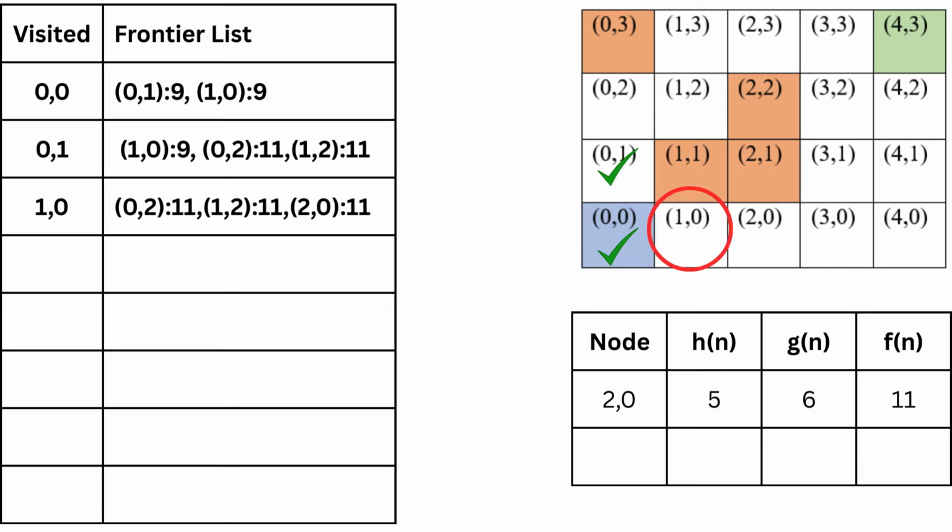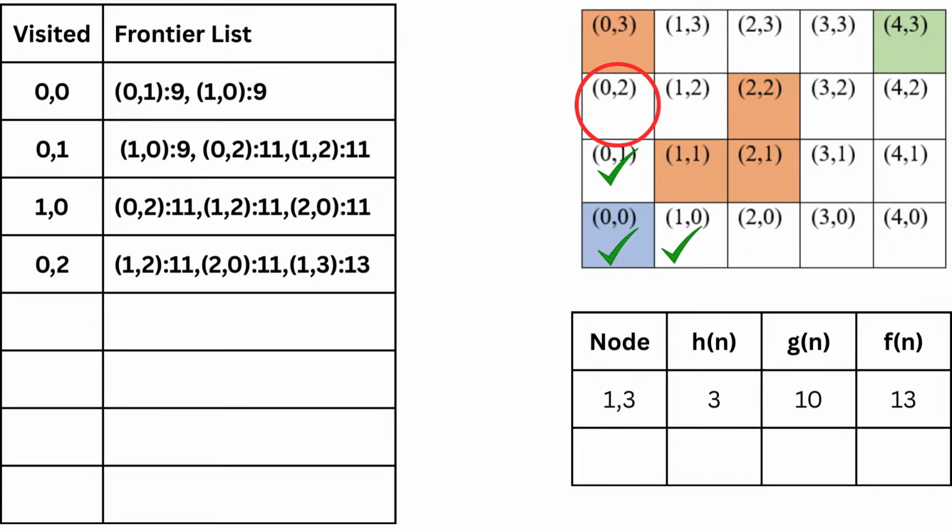The next node in the queue is 1,0. From 1,0, it can only move to 2,0. So we will append this at the end of the queue with the cost 11. 1,0 is visited. The next node in the queue is 0,2. From 0,2, we can either move to 1,2 or 1,3. 1,2 is already in the list with the least cost.